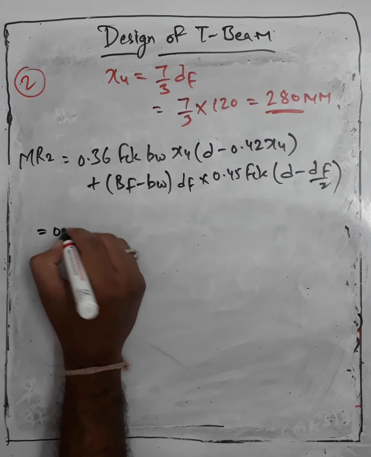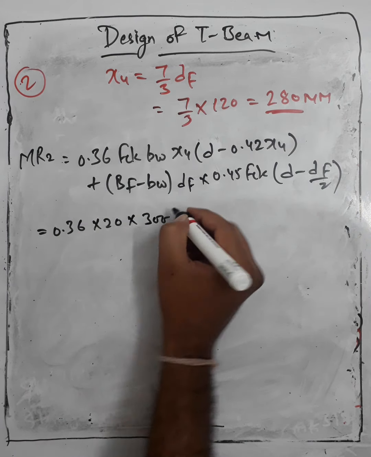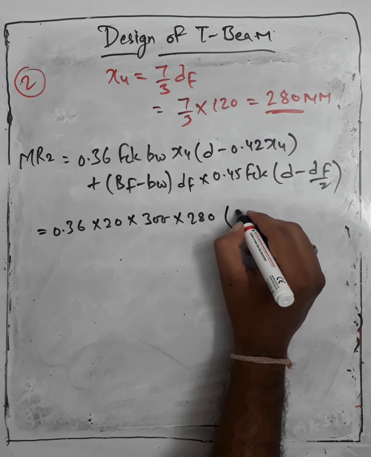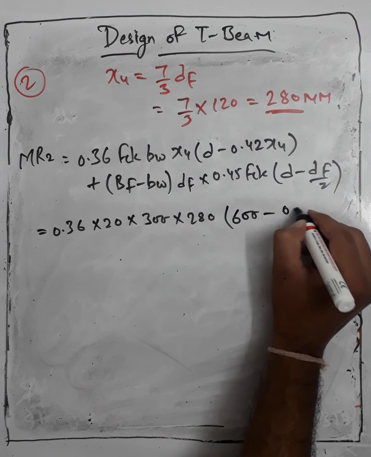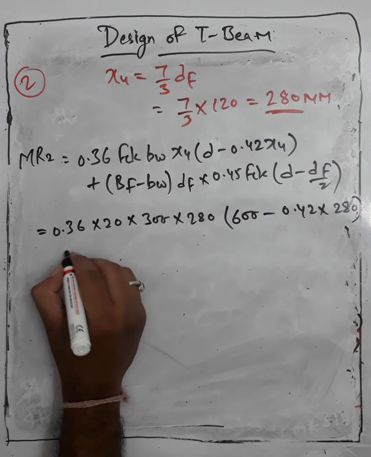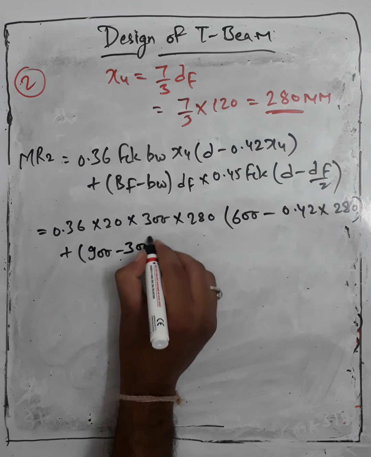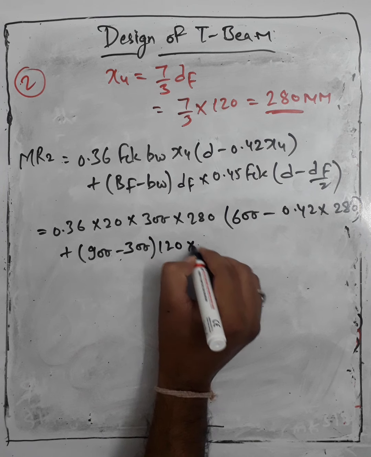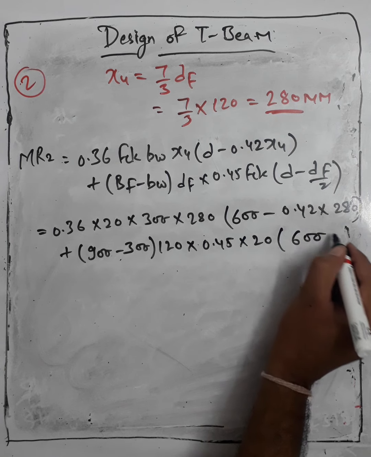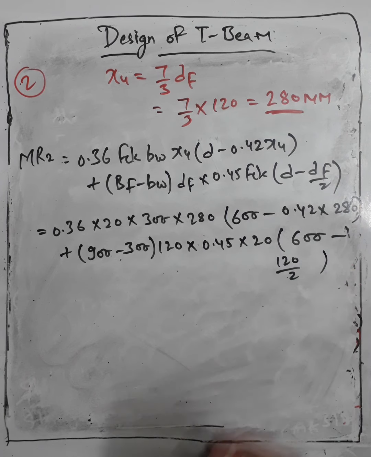Put values in this equation. So 0.36 into 20 into 300 into 280, into 600 minus 0.42 into 280, plus 900 minus 300, into 120 into 0.45 into 20, into 600 minus 120 divided by 2.